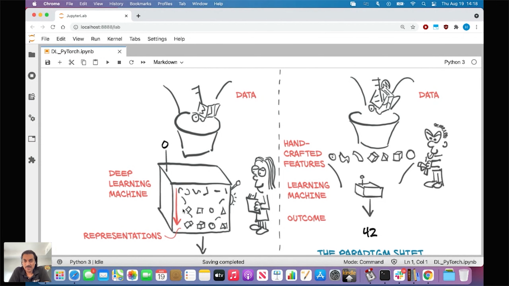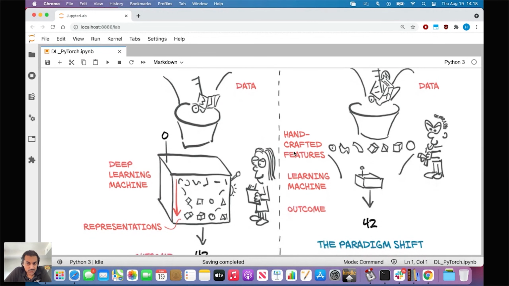So again, the whole cool thing about deep learning is, let's take a look at the left here. We don't actually need to do this whole step here, these handcrafted features. The machine in this case is smart enough to know that, okay, hey, I see ridges here, and this is where your brow is, and I don't know technically what that is, but I recognize it.